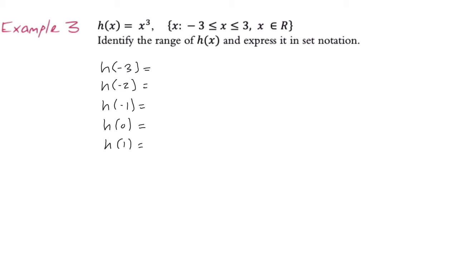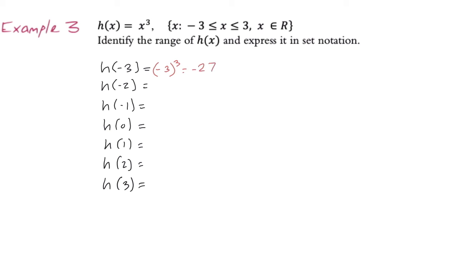We could actually also here just look at h for -3 and h for 3 to get the idea of the range of values. But I'm just going to do the same as we did before, check some integer values. Here we're not told that x has to be an integer. It can be any real number in that range.